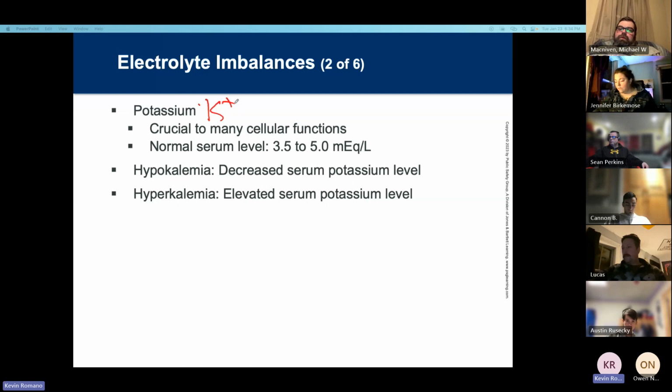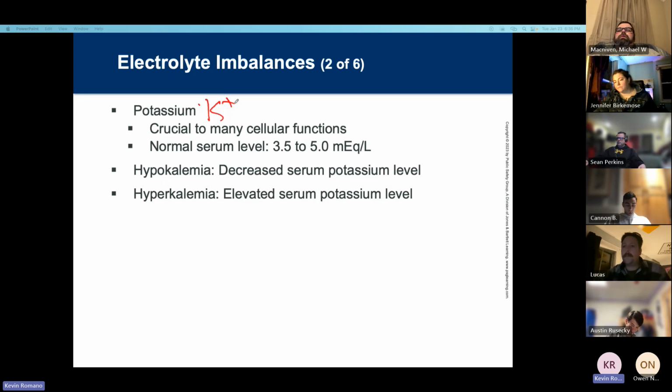A lot going on here, right? What could cause a patient to be hyperkalemic? I just gave you a couple, but what type of medical trauma? Make you guys think a little bit here.